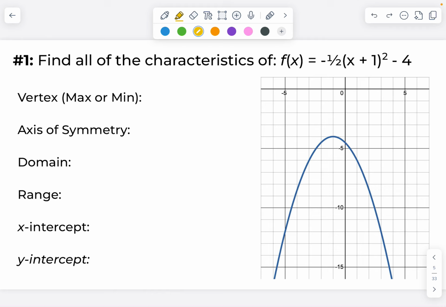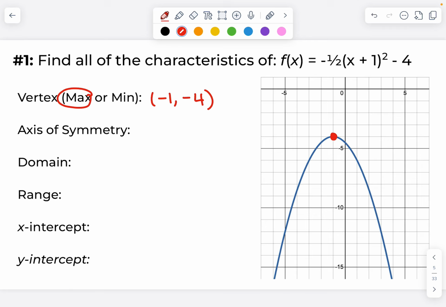So if we look at this graph, we want to pull out all of these pieces of information. We're going to start with the vertex. Our vertex, again, is this peak point right here. That is going to be at -1 and then -4, and this is a maximum.